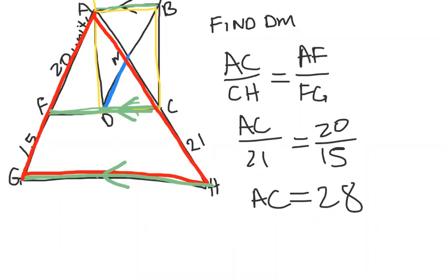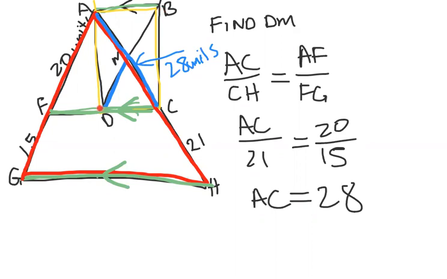Let's just try to do it in a color. So AC is this darker blue color here, and that is equal to 28 units. Now AC is 28, and keep in mind the yellow rectangle ABCD.